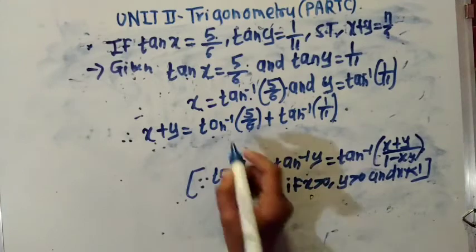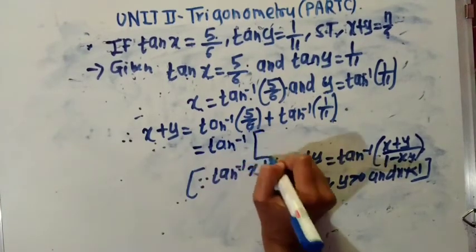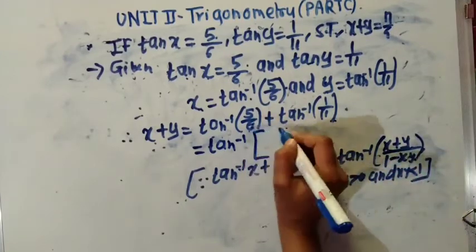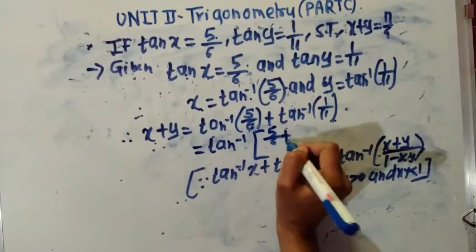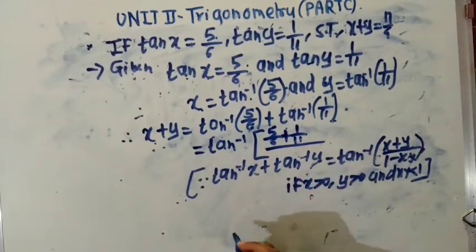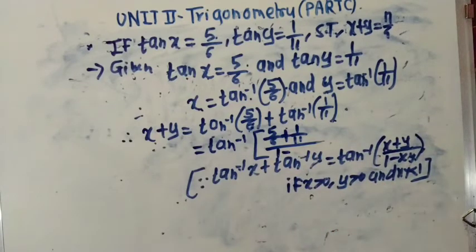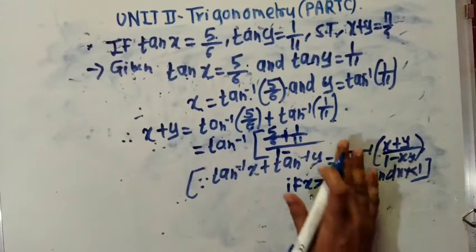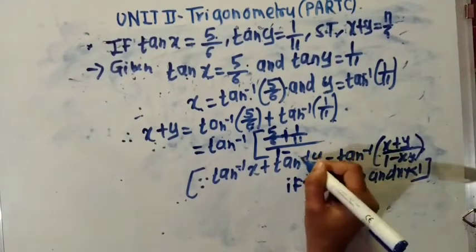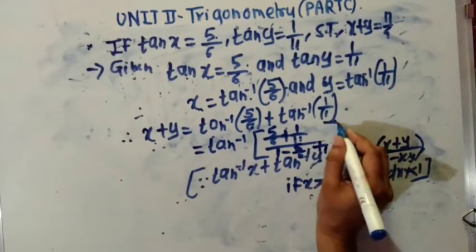tan inverse of x plus tan inverse of y is equal to tan inverse of x plus y, meaning 5 upon 6 plus 1 upon 11, upon 1 minus 5 upon 6 into 1 upon 11.